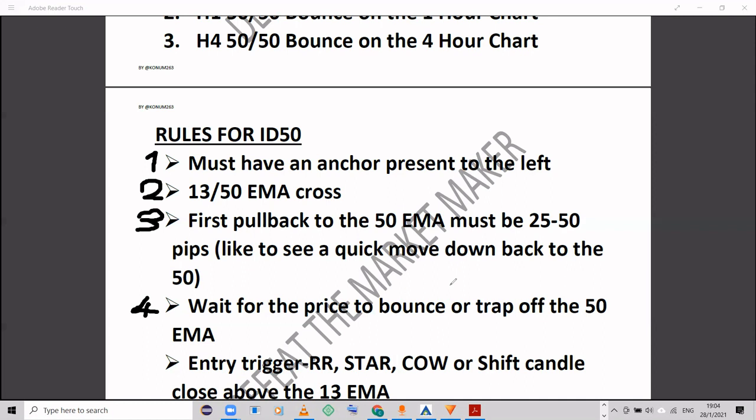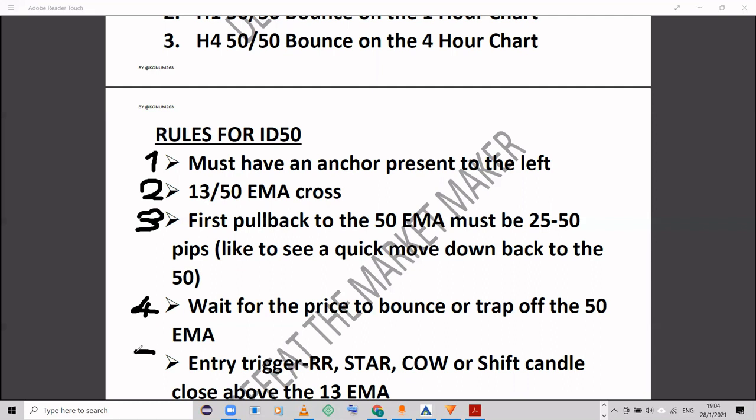That's why patience is a crucial part of forex trading. So you need to wait for price to bounce or trap off the 50 EMA. That's the fourth rule, and it is crucial. The more rules we get through, the more crucial and important they are. All of them are important, but they gain in intensity of importance.